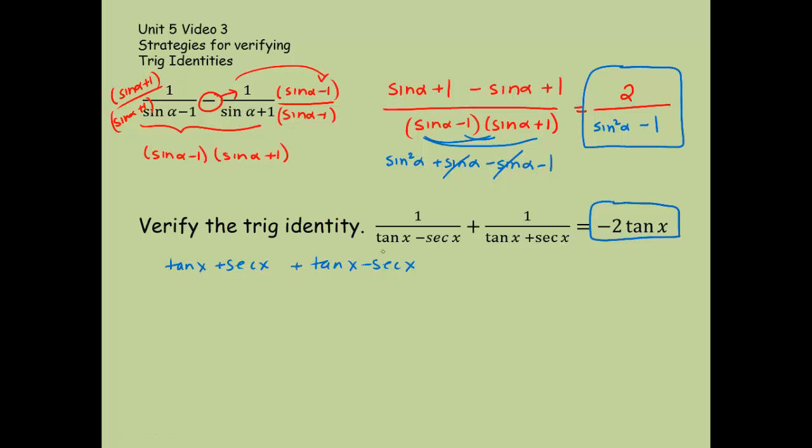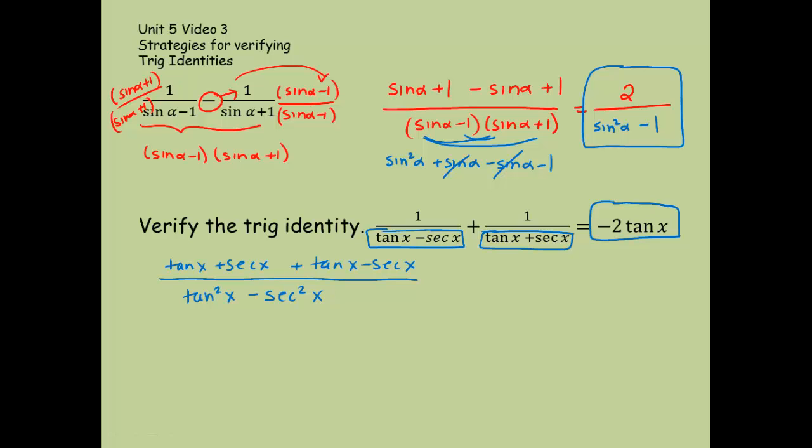So my common denominator will have both of these pieces in it, and I can go ahead and distribute just like we did up here in my denominator using your arrows or FOIL if you want to call it that, leaving me with tangent squared of x. My middle terms will cancel because I have opposites, and I'll have minus secant squared of x.